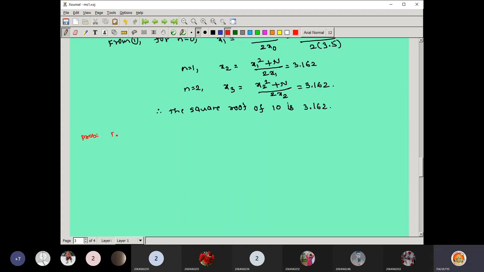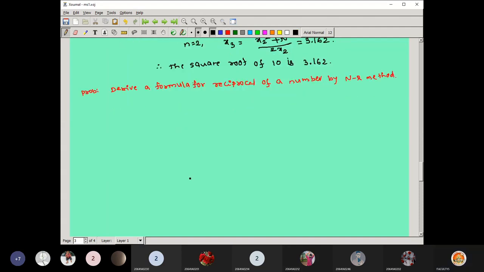Derive a formula for the reciprocal of a number by the Newton-Raphson method, NR method. Do you know what is meant by reciprocal? What is the meaning of reciprocal?